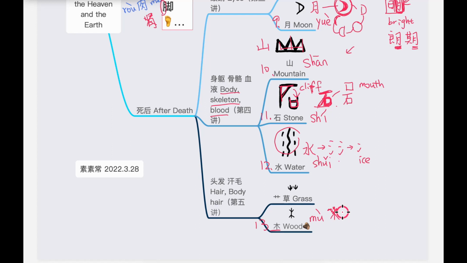Because in the logic of creating Chinese characters, Asian people only use the most essential parts to make a character. Like during the winter, there are trees without leaves, right? So you will see this tree trunk only. No leaves. Called 木. And from 木 we could have some characters.